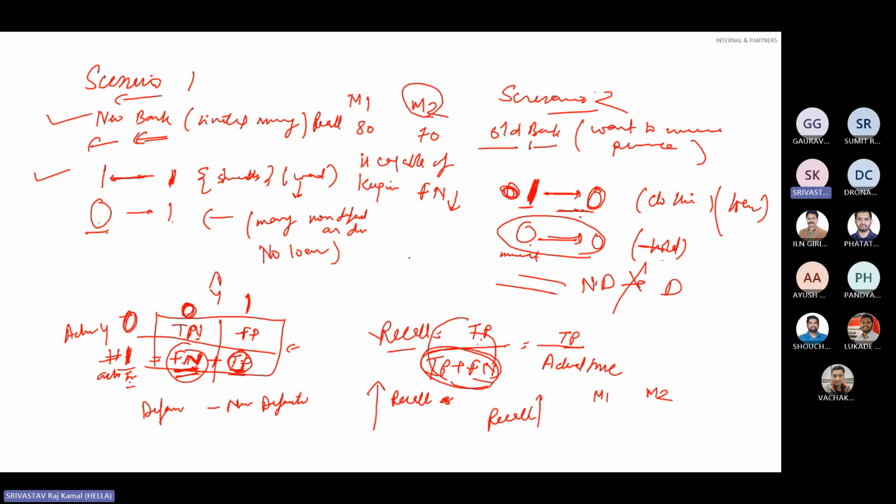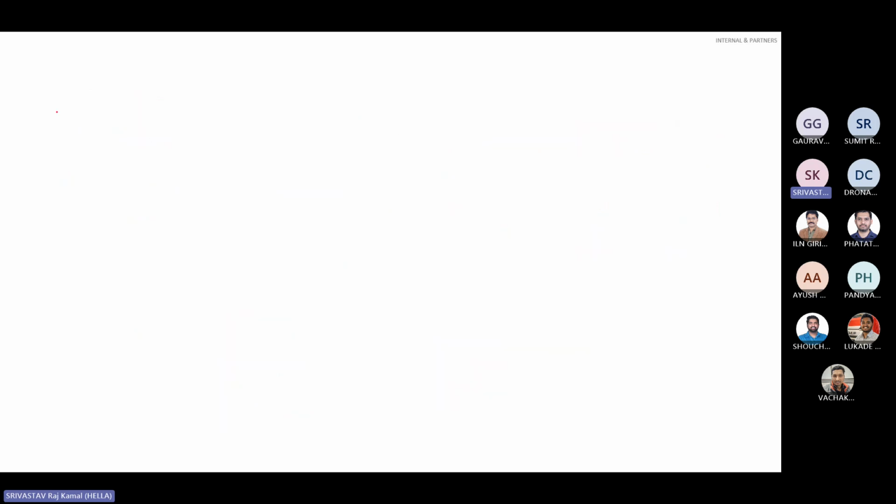In this scenario, I will focus on the recall along with accuracy. For example, after results for M1 and M2, accuracy is say 70 and 75, recall is say 78 and 84.